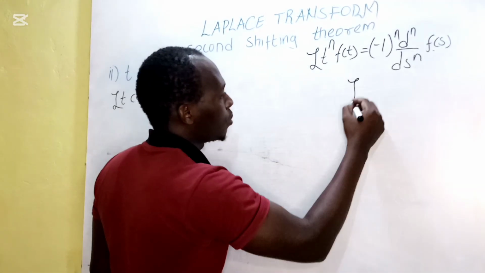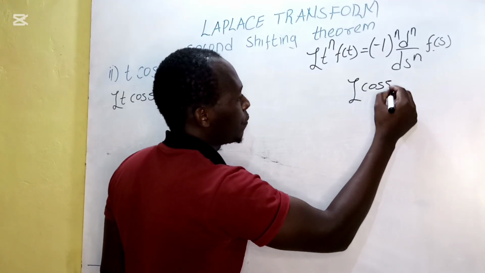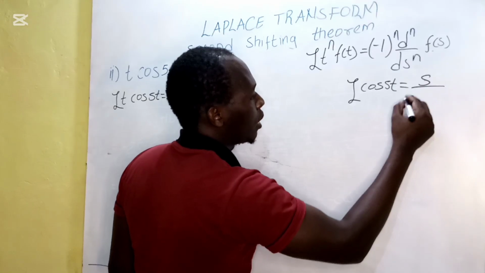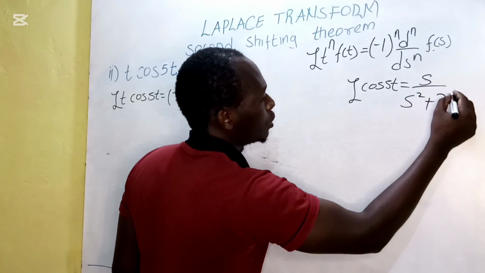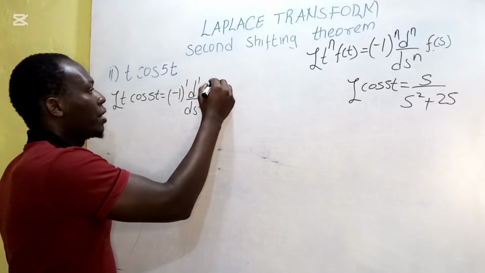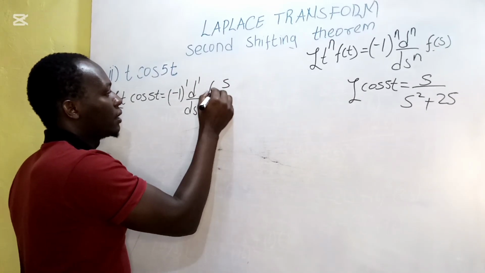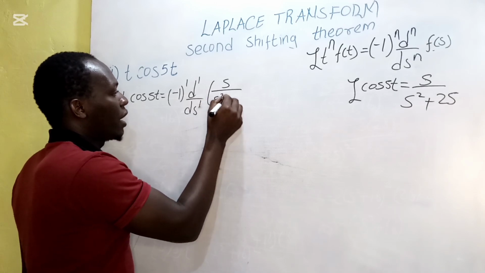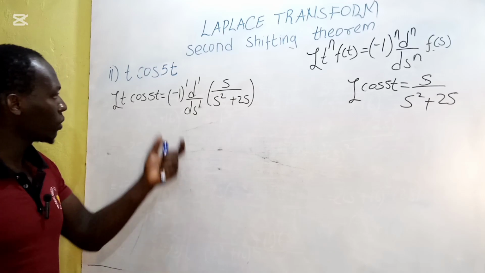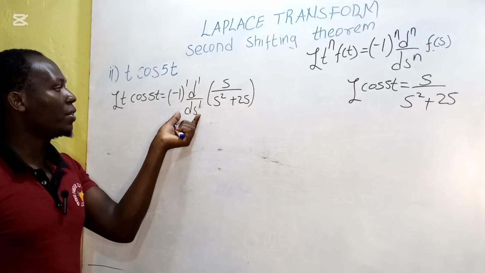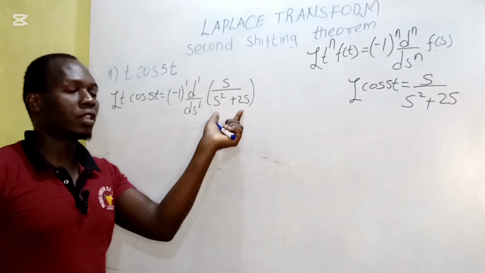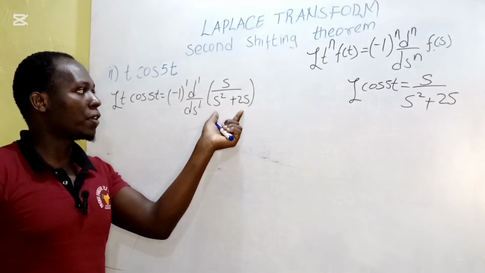The Laplace transform of cos 5t is equal to s all over s squared plus 25, because here we have a squared. Here we have the differential with respect to s of the Laplace transform of cos 5t.